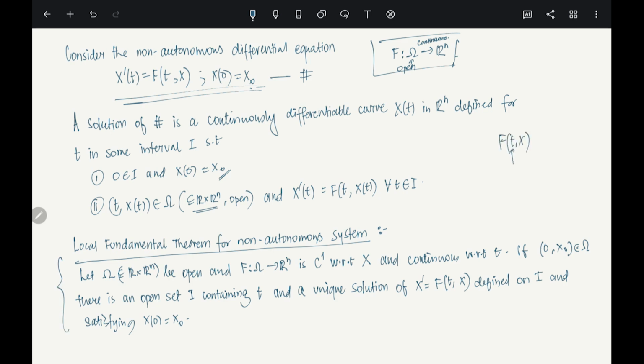With respect to t it has to be continuous, with respect to x it has to be at least C1. If that happens, then you will have a unique solution in a neighborhood of 0. That's what it is saying. If I'm not being very precise about it, this is what it is saying. So you have to remember this particular thing. Clear? Okay.